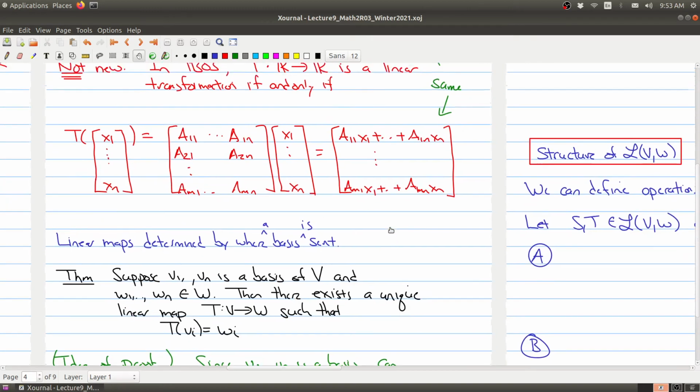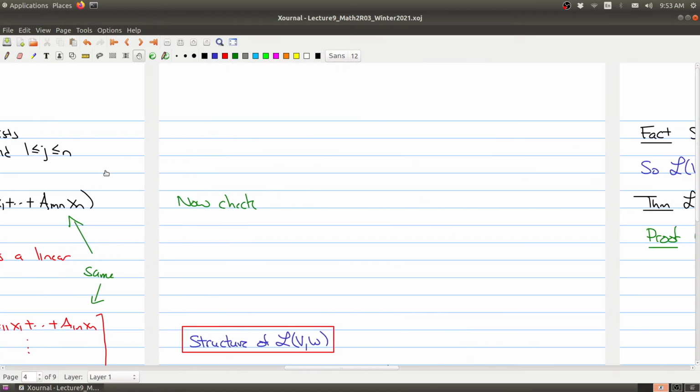And what you then do is define a map T from V to W by saying, okay, I'm going to take that vector v, which I've written in terms of the basis, and I'm going to send it to c1 times w1 plus c2 times w2 up to cn times wn. Right, so these are the w's that I picked, and so I say v gets sent over to here.